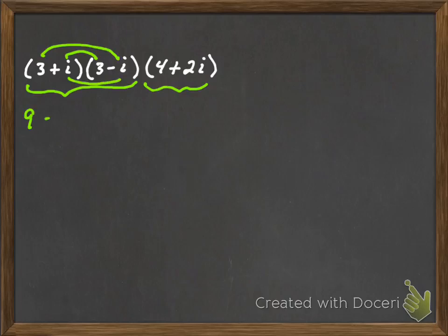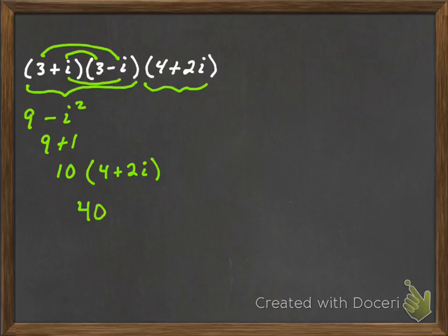Then you have minus i squared. Now, this turns into 9 plus 1, which is 10. We now take this 10 and multiply it by this other parenthesis here. So that will give us 40 plus 20i. And we're done.